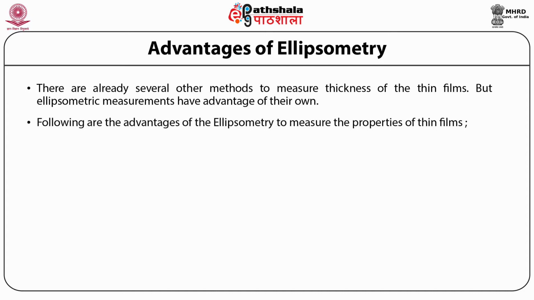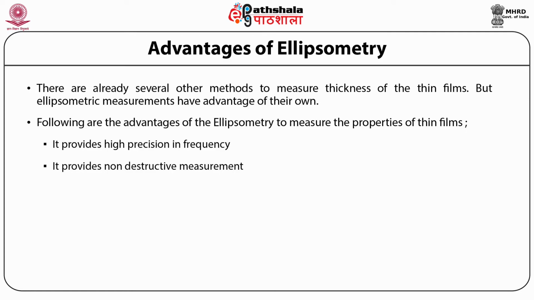Following are the advantages of ellipsometry to measure the properties of thin films. Firstly, it provides high precision in frequency. Secondly, it provides a non-destructive measurement. Third, it is faster in measurement.